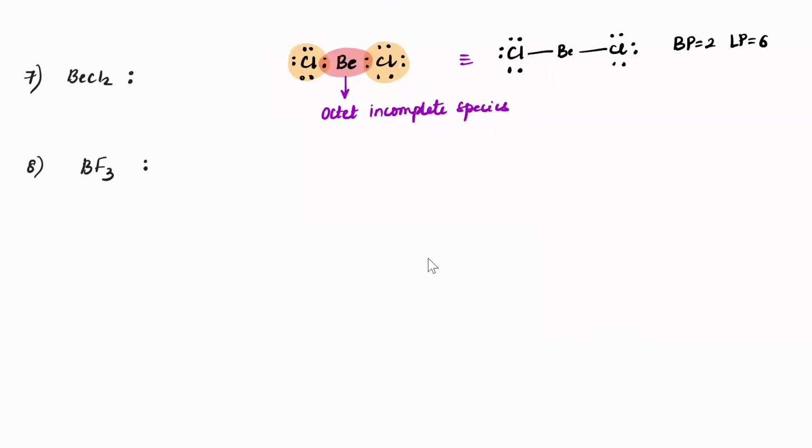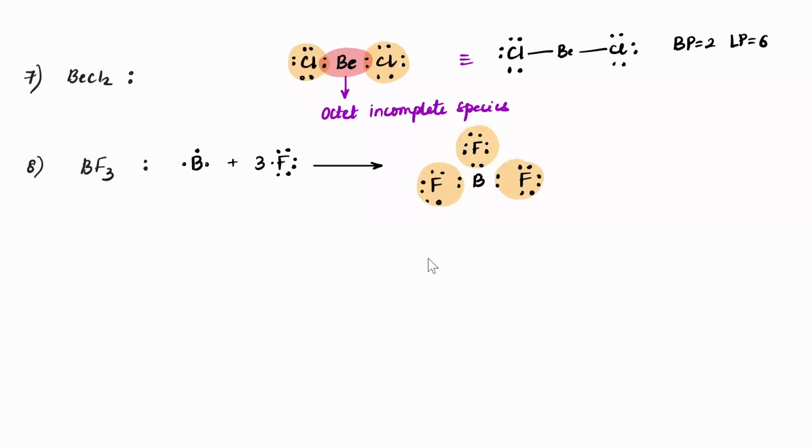The same thing goes with boron also. Boron has 3 electrons in its valence shell and fluorine has 7 electrons in its valence shell. As it starts making a bond as per Lewis structures, first we need to write something symmetrical here and then we will share 1 electron with each fluorine just so we can complete the octet of fluorine. So you can notice that the fluorine octet is completed here.